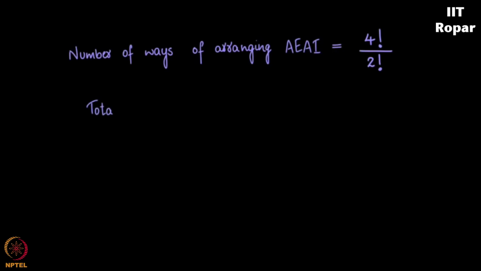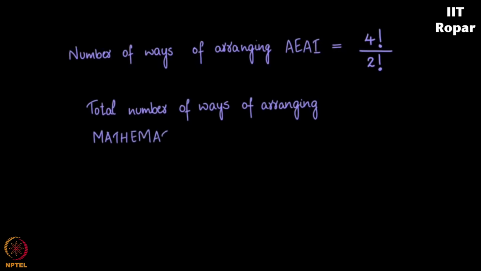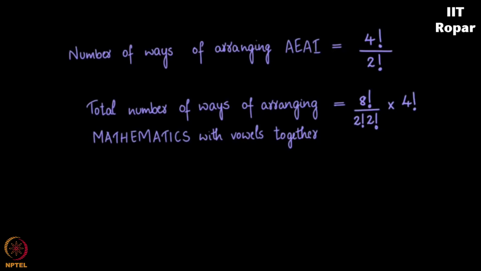So the total number of ways in which this entire word mathematics can be arranged so that the vowels always come together are 8 factorial by 2 factorial into 2 factorial into 4 factorial by 2 factorial. Again, by the rule of product. You see, I treated this AEAI as one unit because they have to always come together. And so, these many number of ways the word mathematics can be arranged so that the vowels come together.